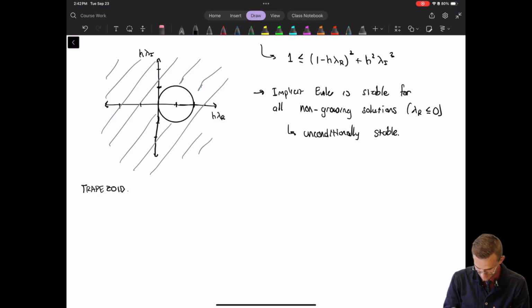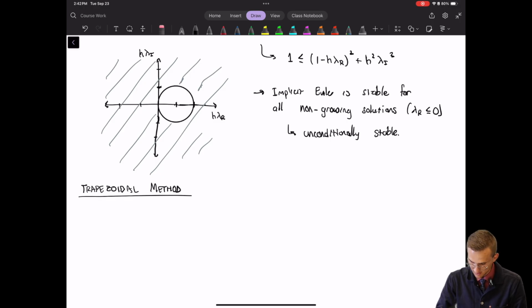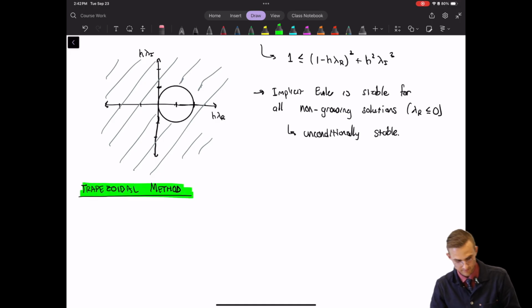So we talked about the trapezoidal method as an integration method, but of course, when you're solving a first order ODE, it's really just an exercise in integrating, right? You're integrating the derivative.